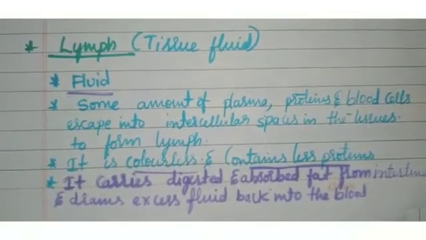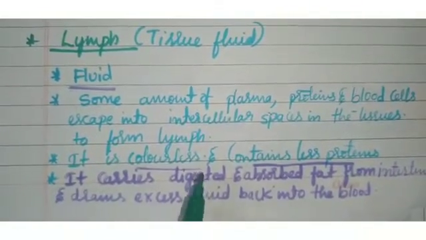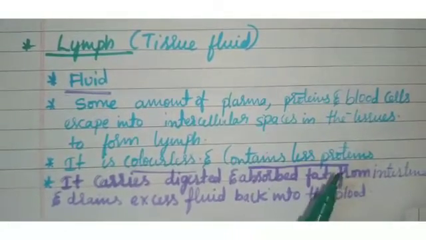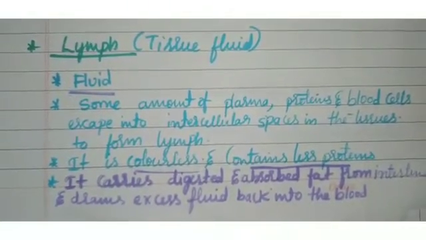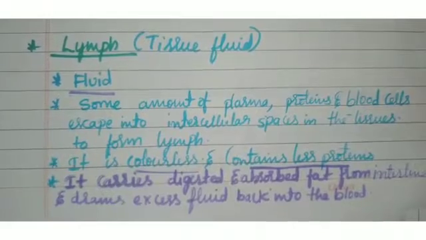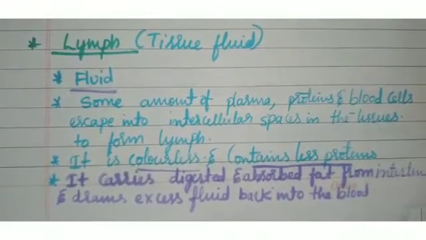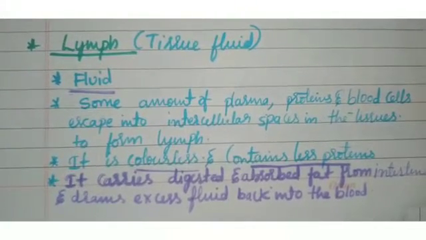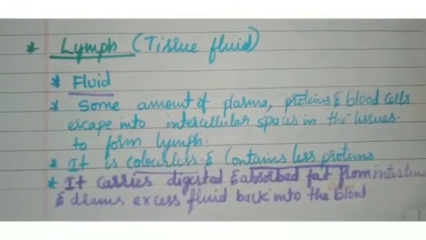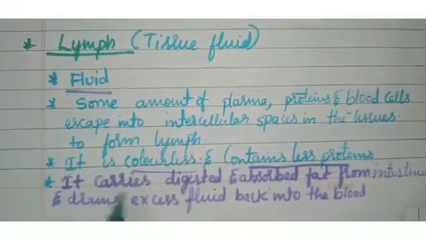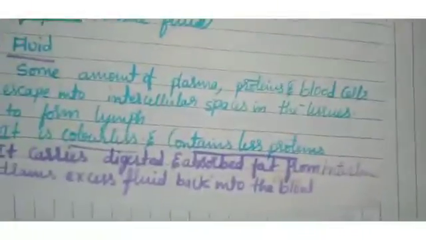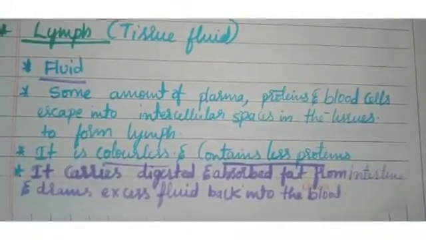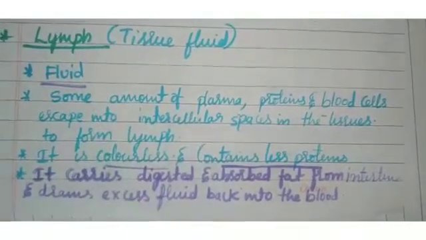That lymph carries the digested and absorbed fat from the intestine and drains excess fluid from extracellular spaces back into the blood. It gives it back to the blood. So this is the function of lymph.